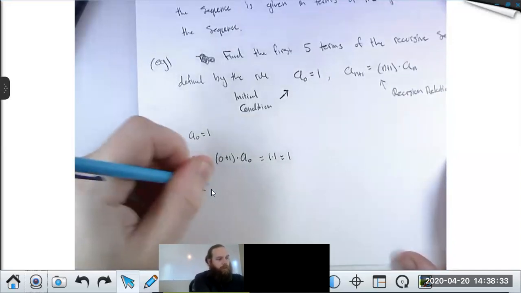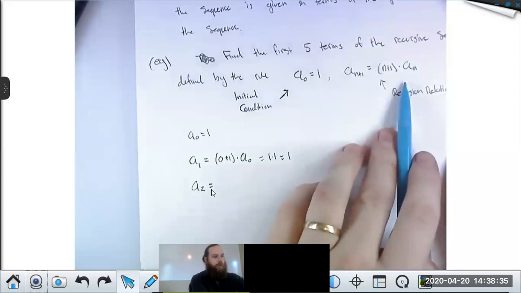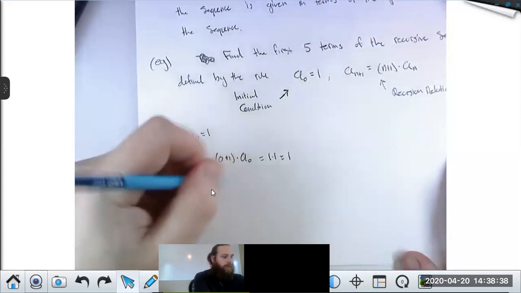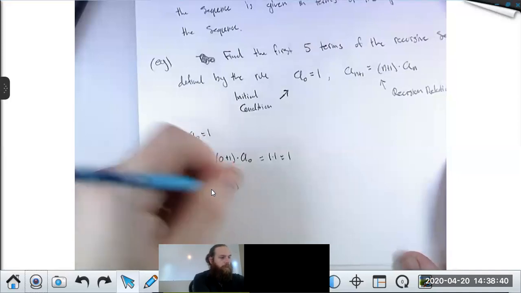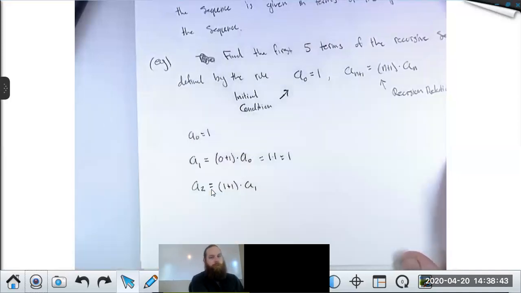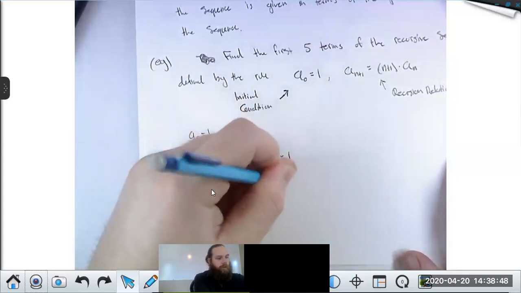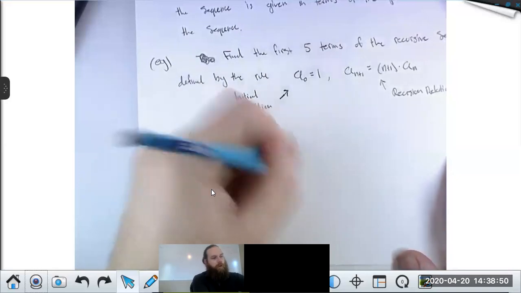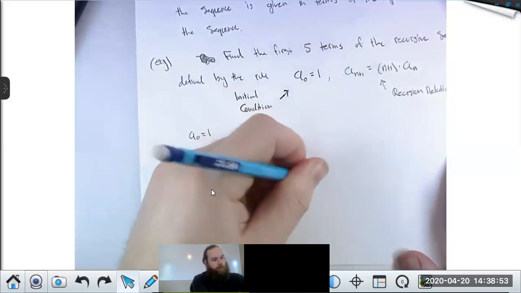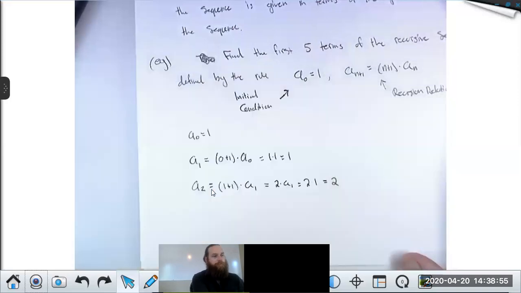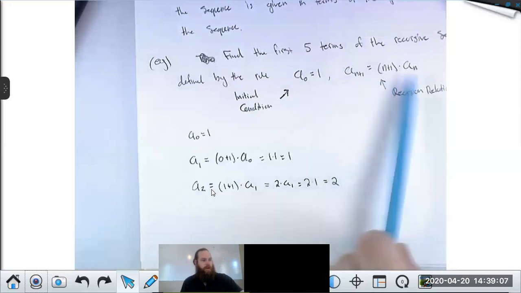How do I find a2? Again, I go back to this recursion relation. If I plug n equals 1 into that, then I get 1 plus 1 times a1. So a2 is 2 times a1. And a1 I just calculated is 1, so this is 2 times 1, which is 2. And if I wanted to calculate a10, I would first have to calculate a9, because a10 would be defined as 10 times a9.